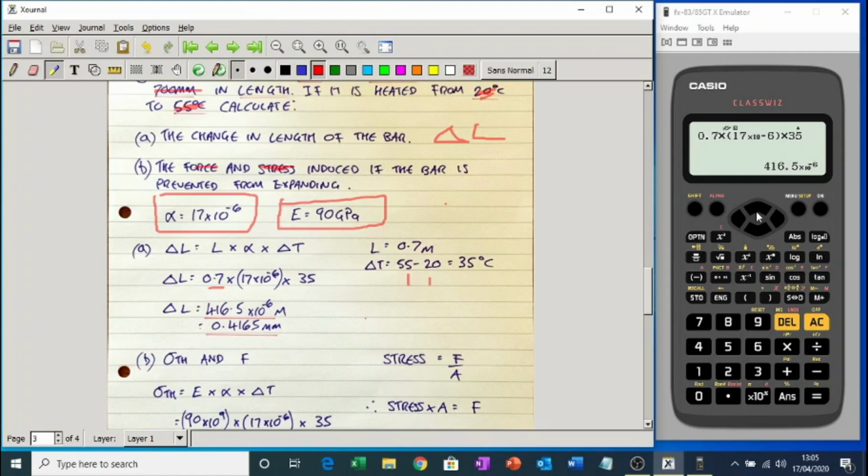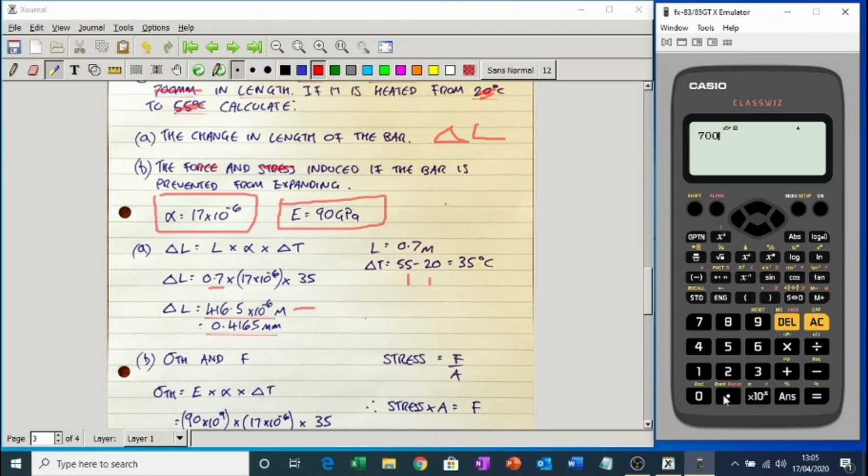You could do the same sum, because I can picture 0.4 of a mil better than I can that. If you just keep this in millimeters, it comes out in millimeters.